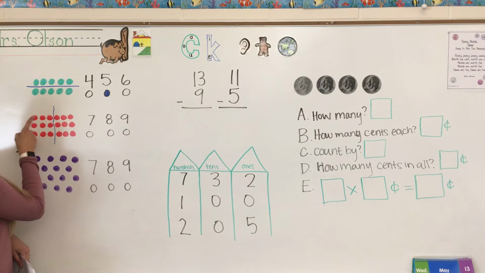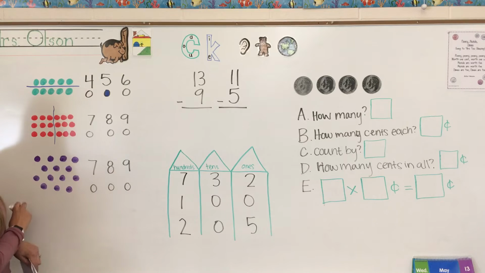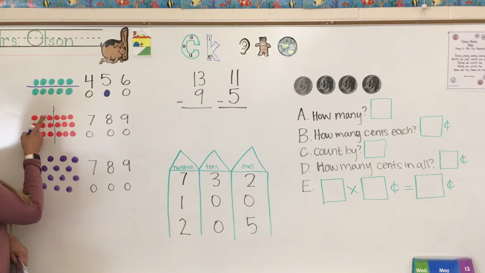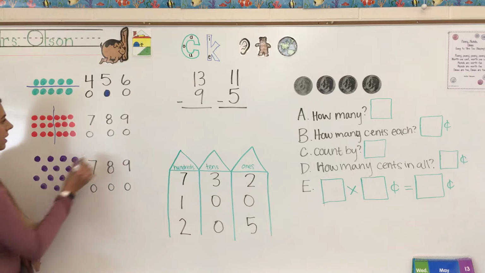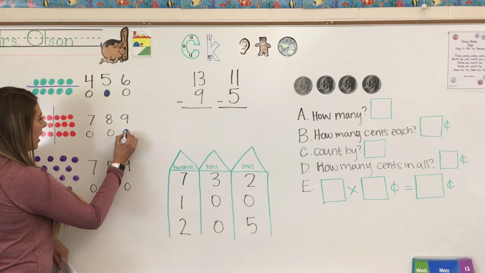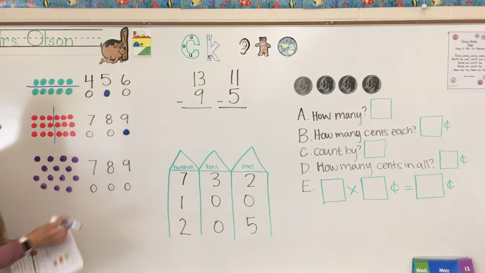So we have 3 on this side, 3 on this side. On the second line we have 3 and 3. And 3 and 3 on the bottom line. So how many is on 1/2? Well, 1, 2, 3, 4, 5, 6, 7, 8, and 9. So 9 dots on half of that drawing there.